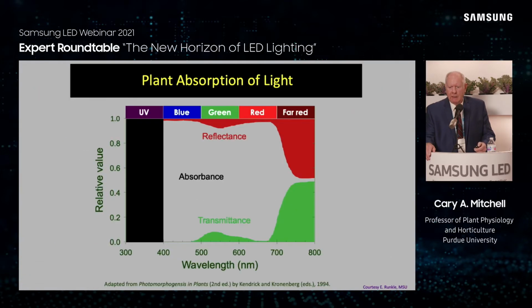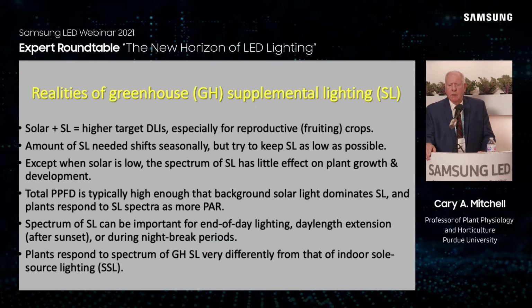Okay. Now I'd like to transition into greenhouse growing and say that in greenhouses we do what's called supplemental lighting, supplementing free solar energy, and that's usually relegated to reproductive or fruiting crops because they have the highest light requirement, and you always want to take advantage of the free solar energy whenever you can get it.